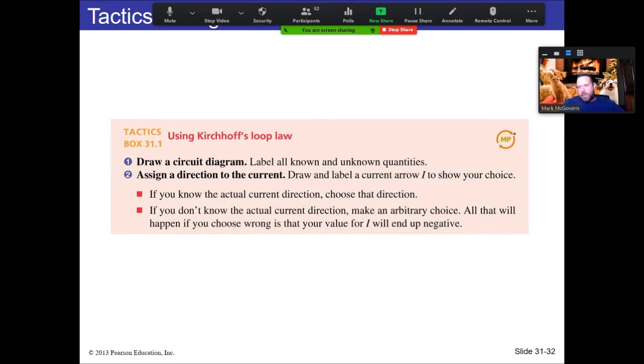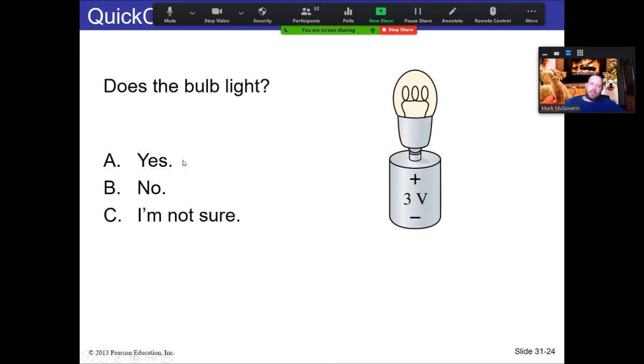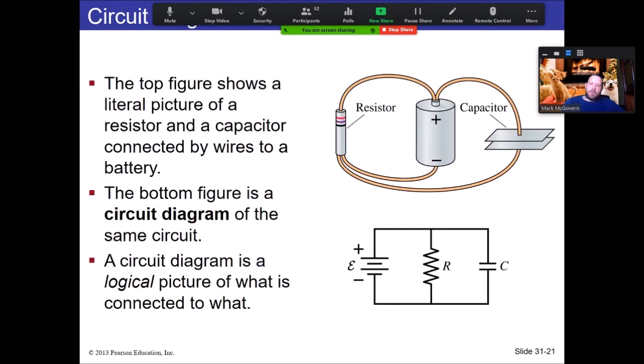For example, let's go back a little bit here. Maybe it's a little silly right here, but let's say current comes out of the positive terminal of the battery. We're reaching a junction here. Does the current go down and then to the right?